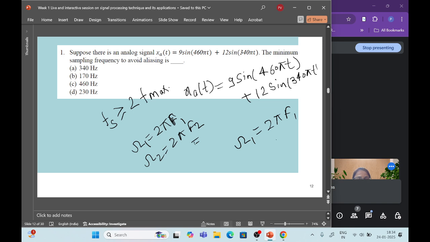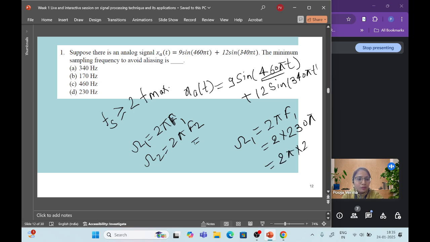If we divide 460 by 2, we get 230, so it is in this form, 2 pi into 230.